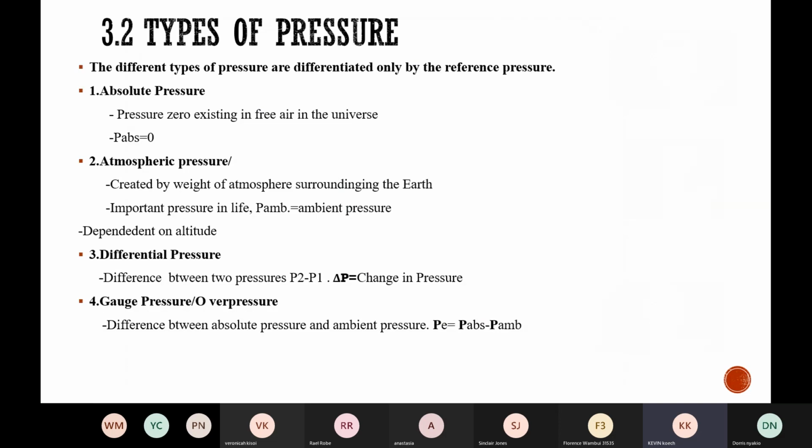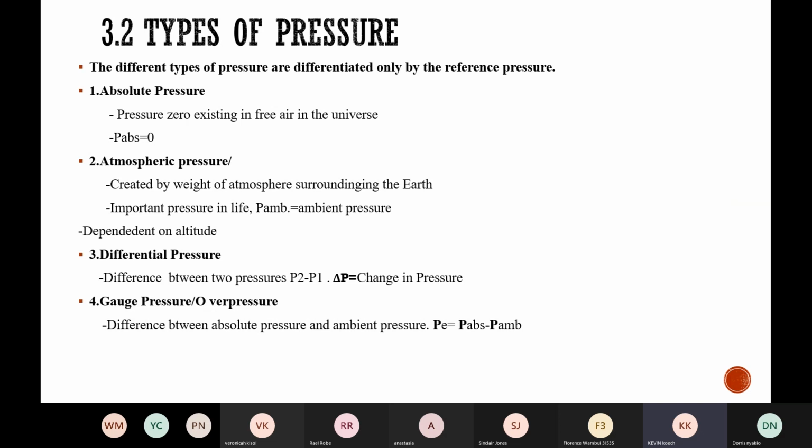Types of pressure. We said we are using the same force and the same area, but now it depends on the application or the reference pressure. Number one, we talked about absolute pressure.